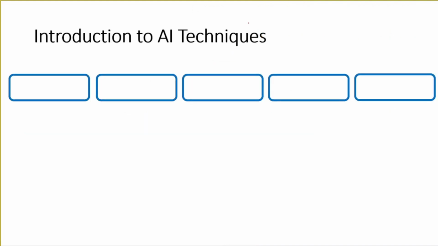So there will be several techniques in AI. Basically, we could have rule-based systems. Okay, then we might have reasoning. Okay, so we might have learning. We might have deep learning.